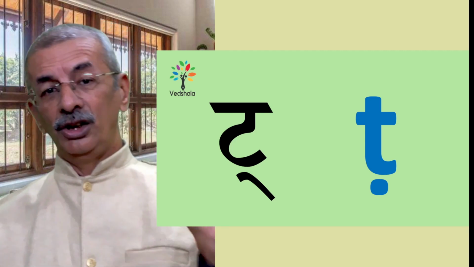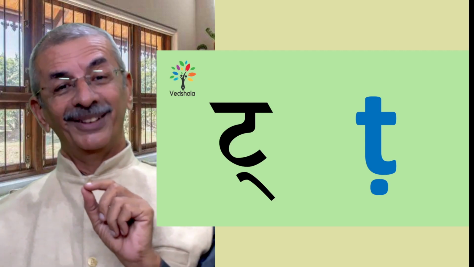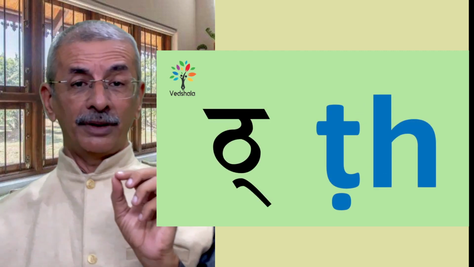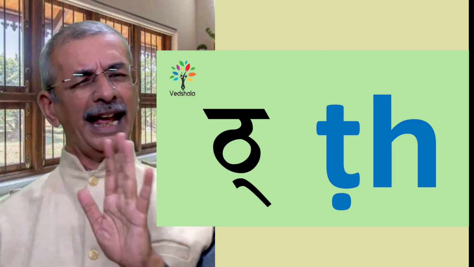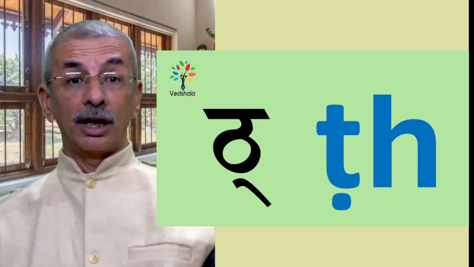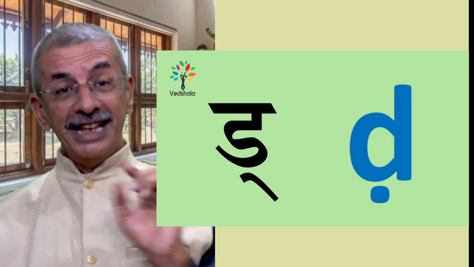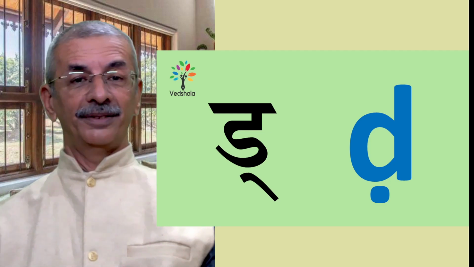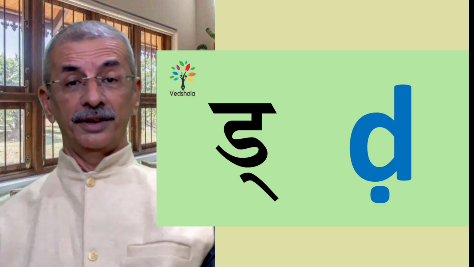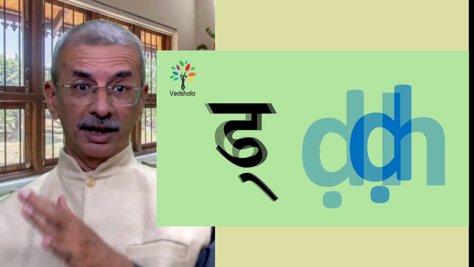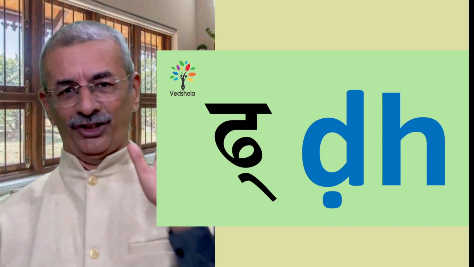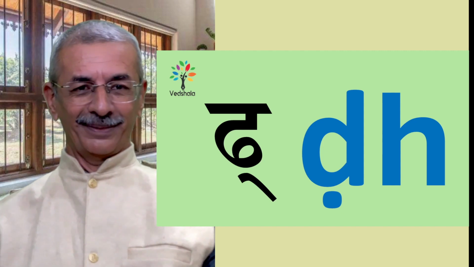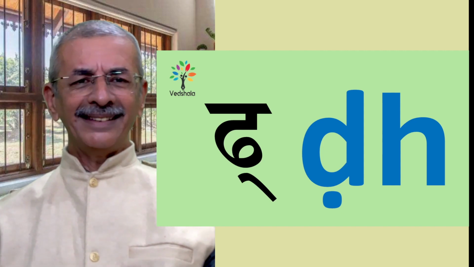So it has a dot below. Thereafter, Tha: T with an underdot, and H remains as it is. Thereafter, Da: D and an underdot. Similarly, the longer one, Dha: D underdot H. Am I clear? Am I making sense?